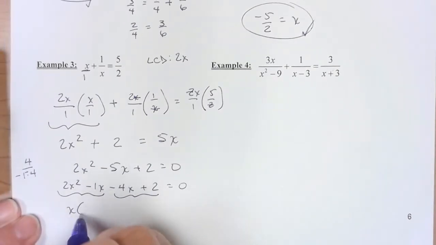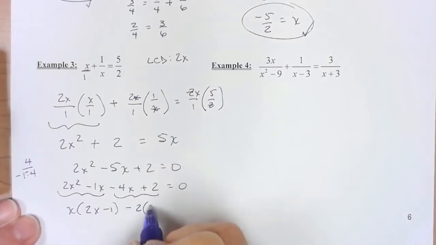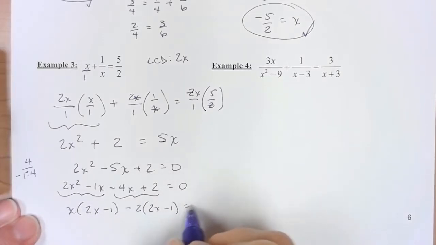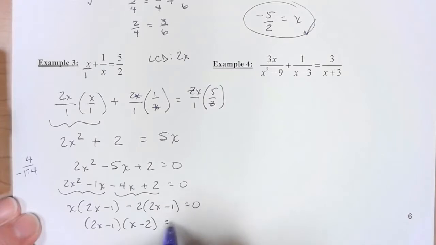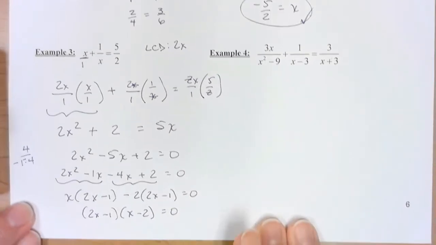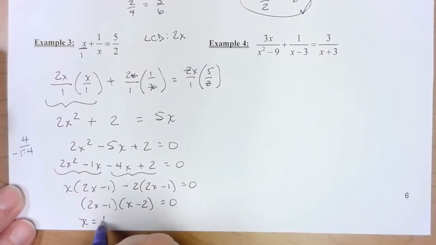So I've got an x coming out of this one. 2x minus 1, a negative 2 out of this one. Set them individually equal to 0. If you do that to this one, you'll have x equals 1/2.